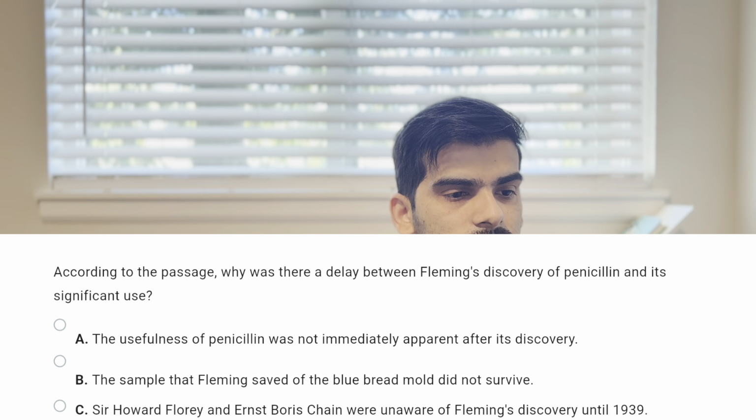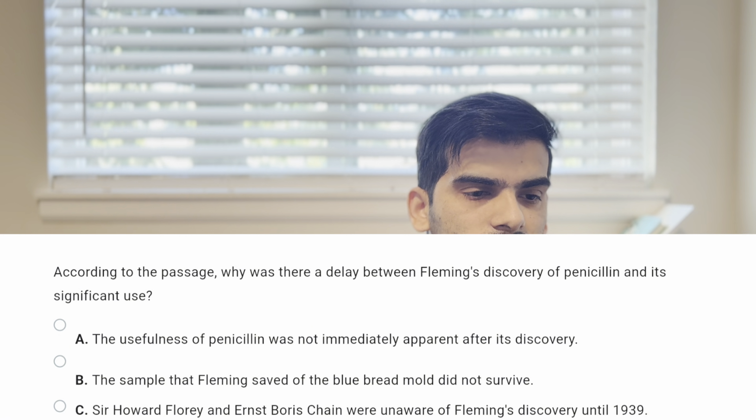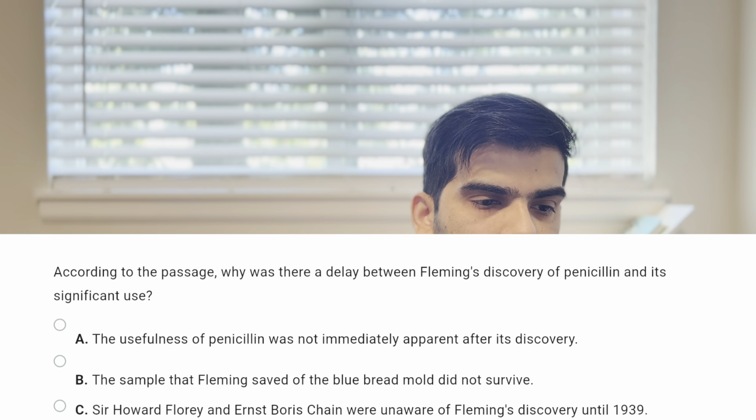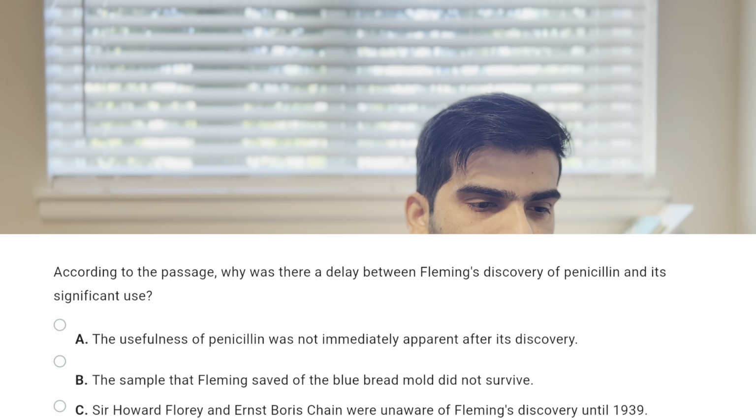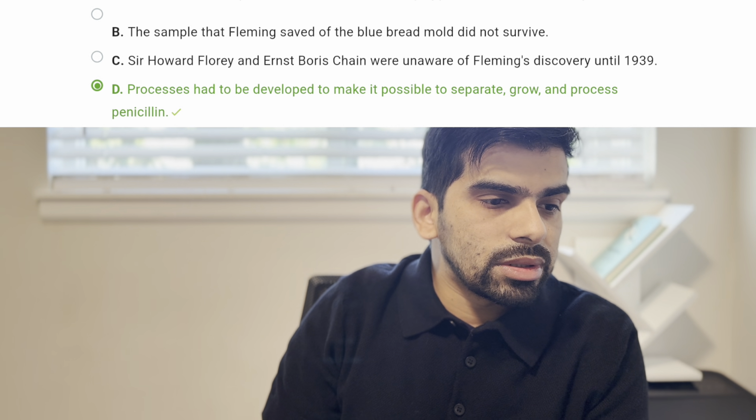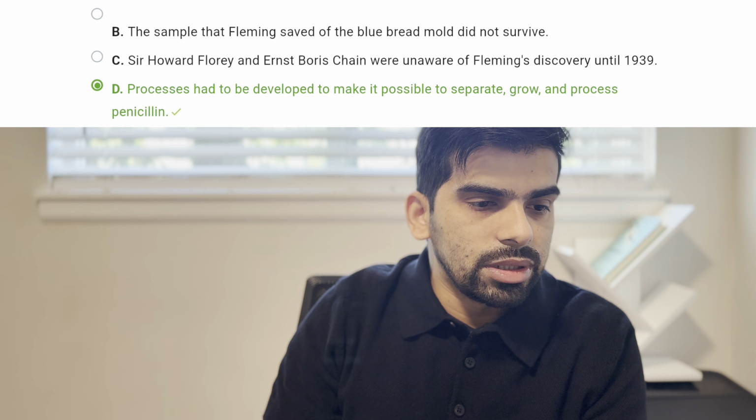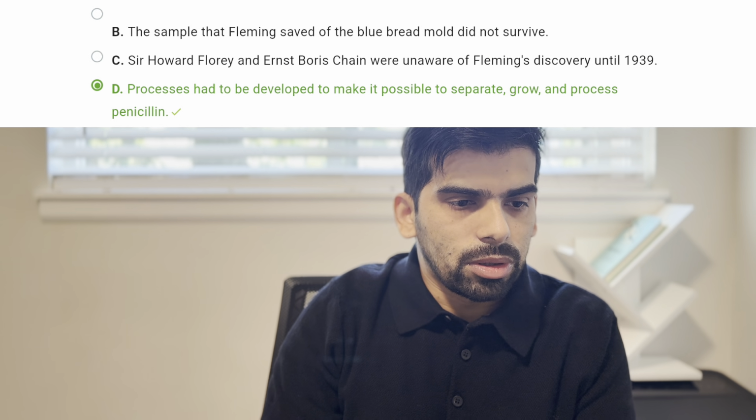The sample that Fleming saved, the bread mold, did not survive, and scientists were unaware of Fleming's discovery, and a process had to be developed to make it possible to separate, grow, and process it. So this is the answer.